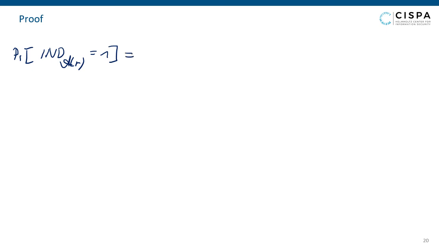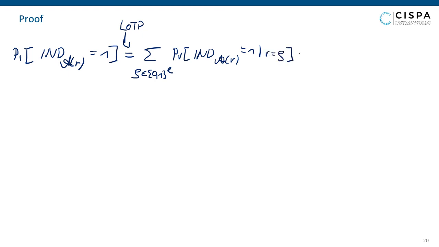Well, I'm just applying the law of total probability over all possible outcomes of this random choice R. So I'm going over all rho in {0,1}^L and looking at the probability that A_R equals 1 conditioned on R equals rho, times the probability R equals rho.